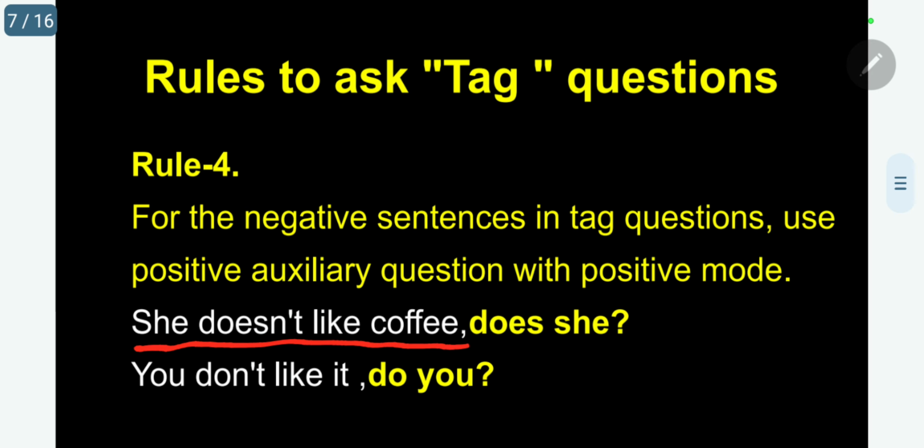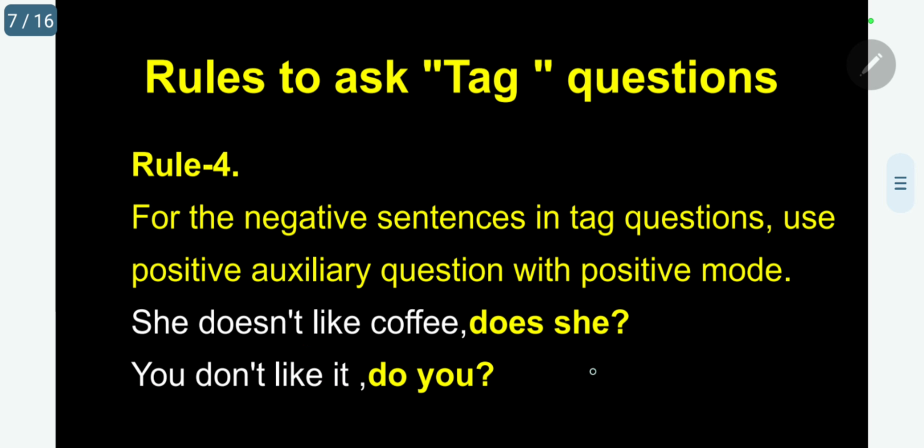Please follow. The negative statement is negative, and the tag question is positive. Another example: You don't like it. Do you? Rule 5.